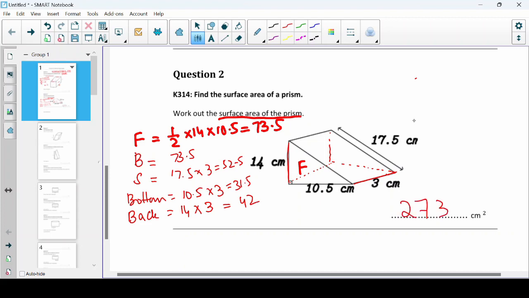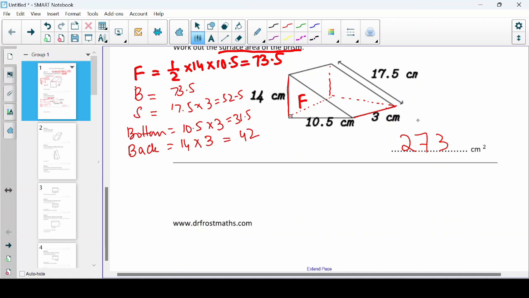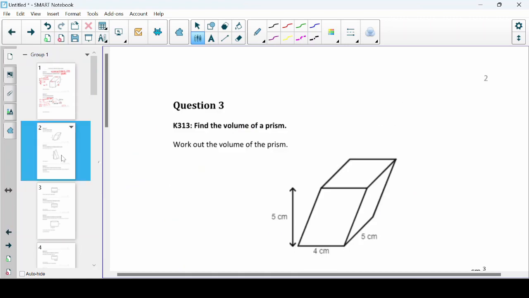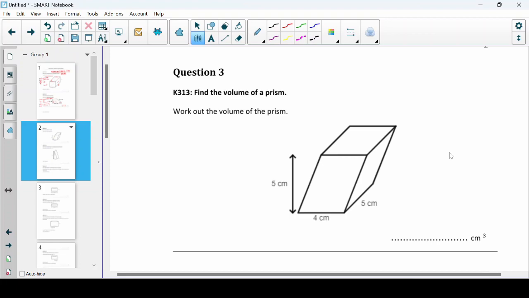So now we go to the next question, which is to find the volume of a prism. In this question, this is a parallelogram and this is the length of the prism.